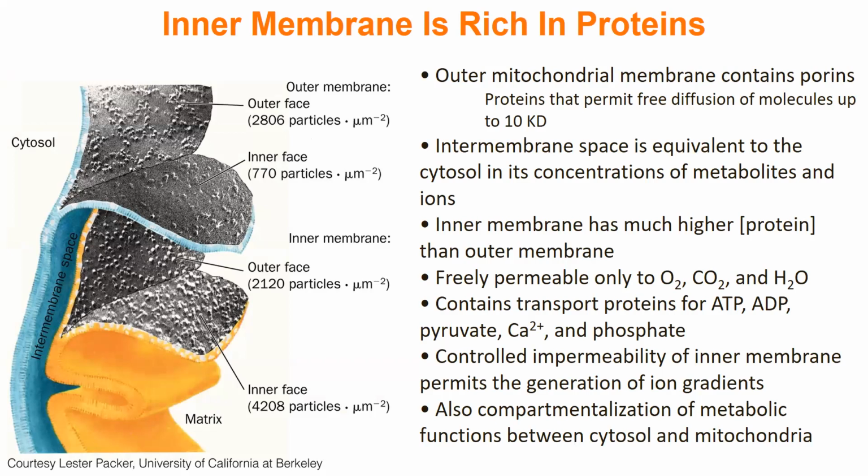I'm not sure if we talked about porins in biochemistry 1 or not, depending on what semester you took it. But a porin is a protein in the membrane that allows stuff to go through it. It's like a giant hole that you can control. And the outer membrane is just so porous, anything that's less than 10 kilodaltons can just go in, no problem.